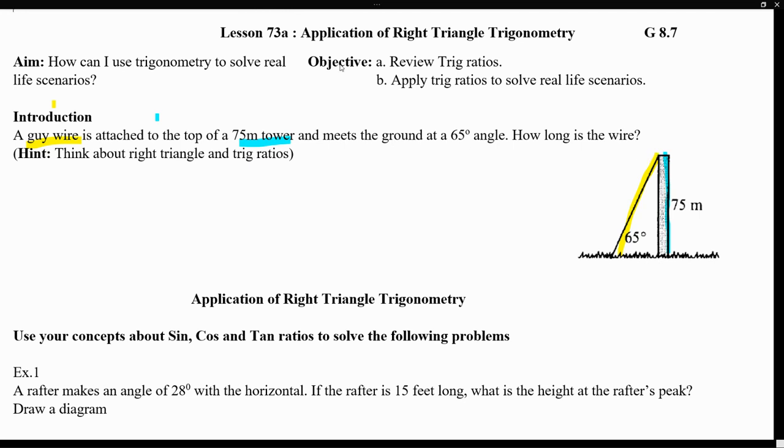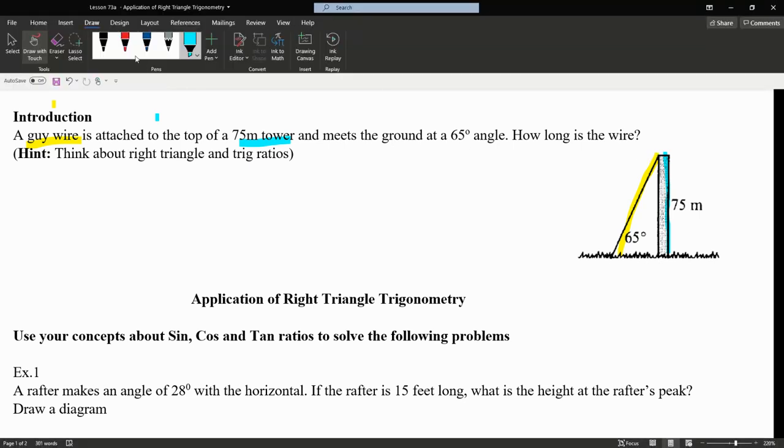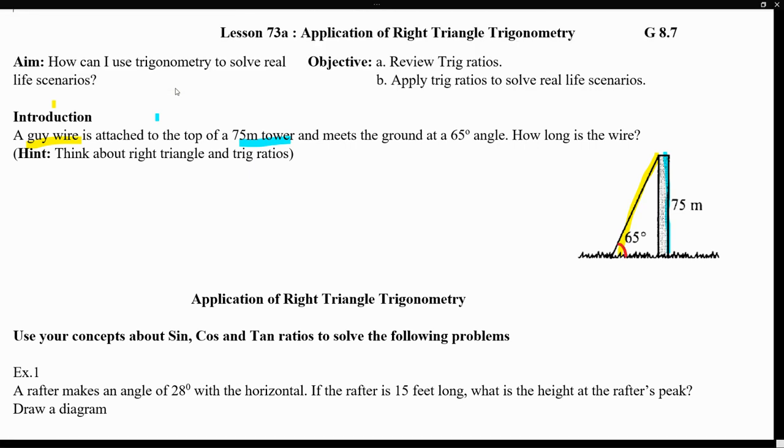And more importantly, it also states that we are creating a 65-degree angle between the wire and the ground. And now the question is, how long is the wire? So pretty much we want to find out the distance between this point and this point. We just want to find out the total length of this wire.